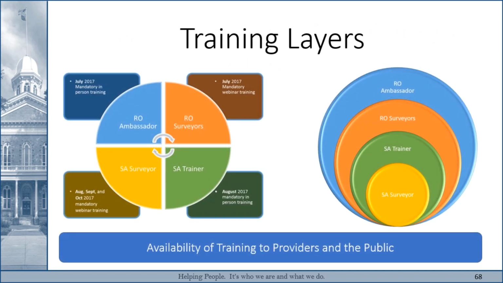CMS has identified multiple layers of training that will be required to successfully implement the changes for Phase 2. CMS has a training plan that involves consistent staff with defined roles and responsibilities to aid in the consistency of the national implementation.